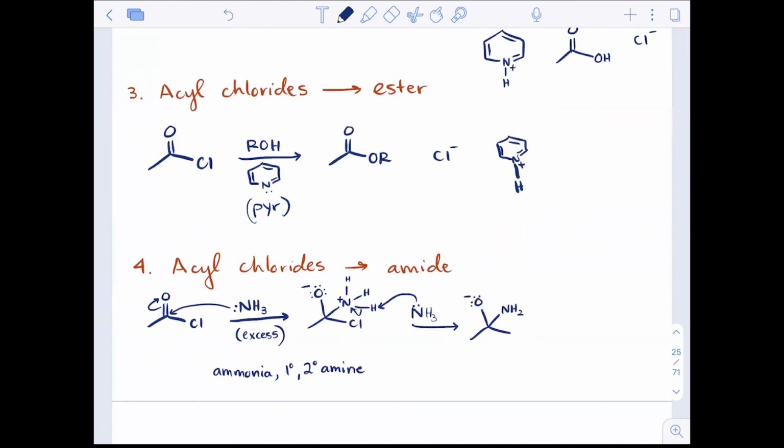Same idea here. Then our tetrahedral intermediate can collapse back down and kick out the good leaving group, Cl-. And we do make NH4+. Typically, we see that these 2 come together to precipitate out to form a salt, or at least can be isolated in an aqueous solution of a salt.